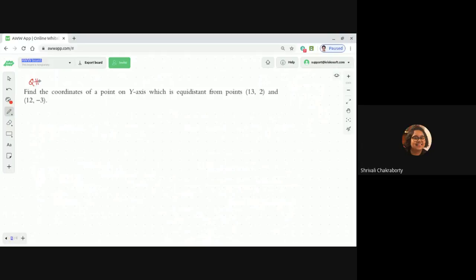Yes, sir. The question is, find the coordinates of a point on the y-axis which is equidistant from the points 13, 2 and 12, minus 3.